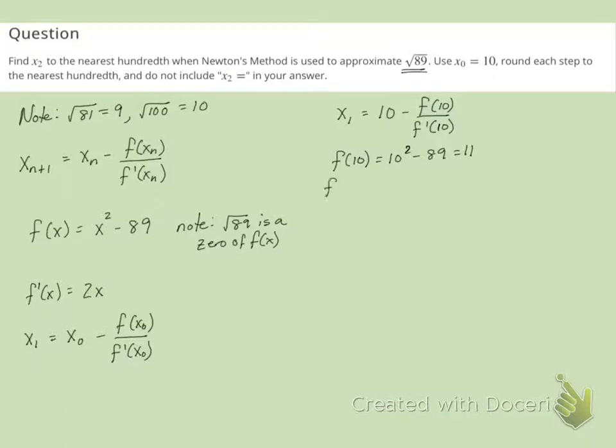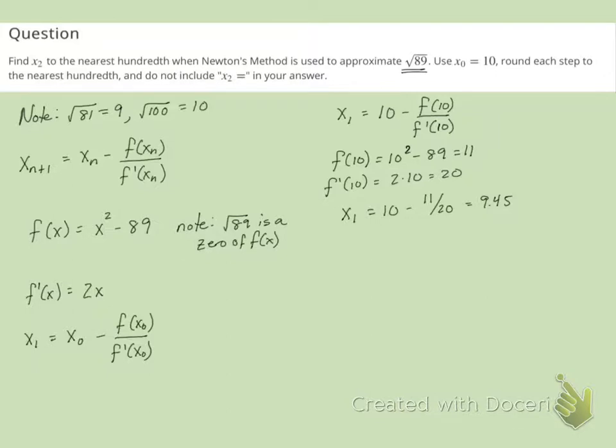And f prime of 10 is going to be 2 times 10, or 20, which means that x sub 1 is going to be 10 minus 11 divided by 20. And that is going to equal 9.45 when you put that in your calculator.